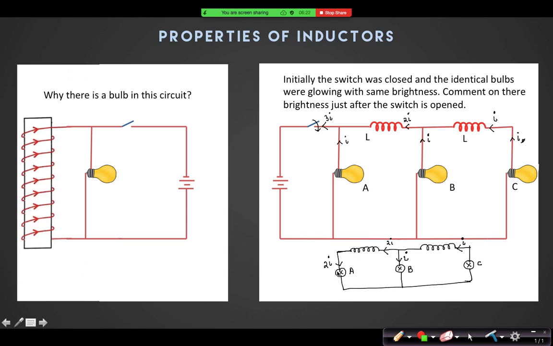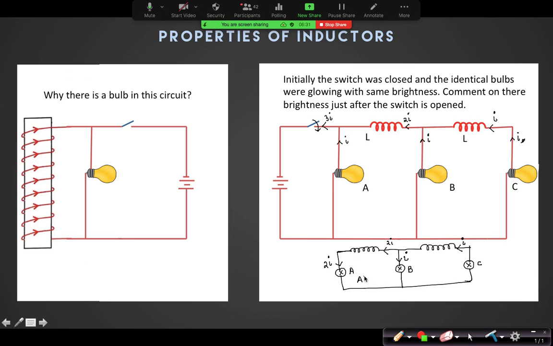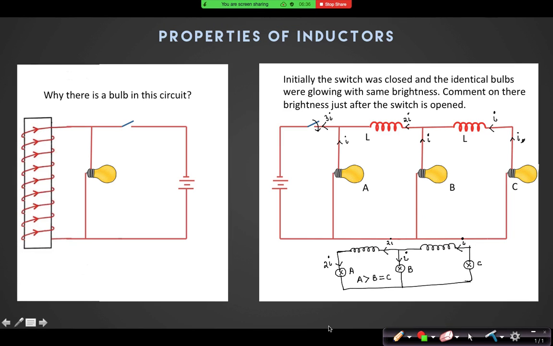Brightness of A will be more because it was initially I, now it is carrying current 2I. So the brightness of A is more than B, which is equal to C. That is the answer of this.